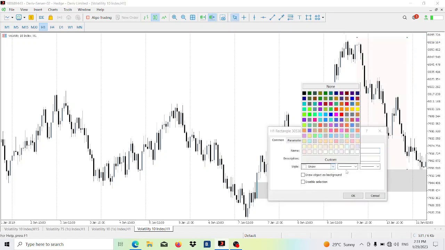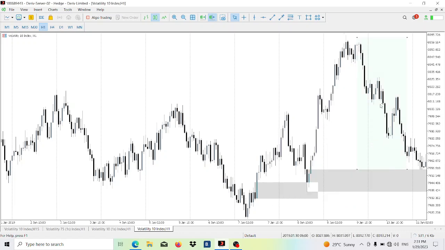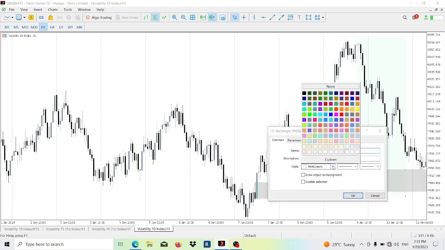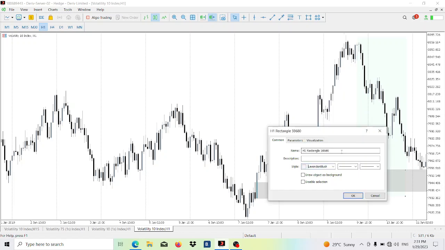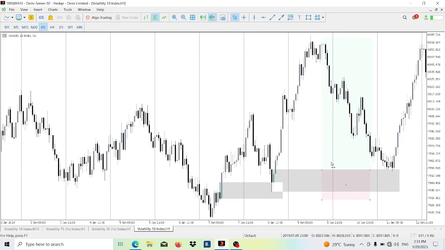Let me get a bit of color that we can all see, mint green. Yeah, that's where I would aim to take my profits. I have a stop loss around here. Let me pick a bit of red color, lavender blush. So I would aim to have my stop loss here. This is my risk.